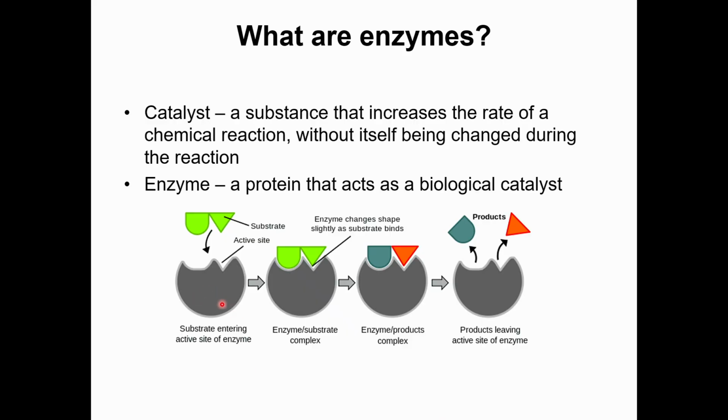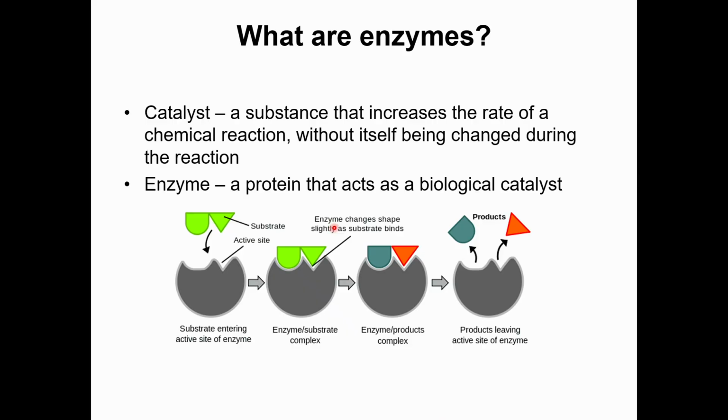An enzyme typically fits together with the substrate kind of like a lock and a key, just like a receptor and a ligand, for instance. But there's a difference. Once the substrate binds to the enzyme at a place typically called the active site, it fits together like a lock and a key, and you get this enzyme-substrate complex.